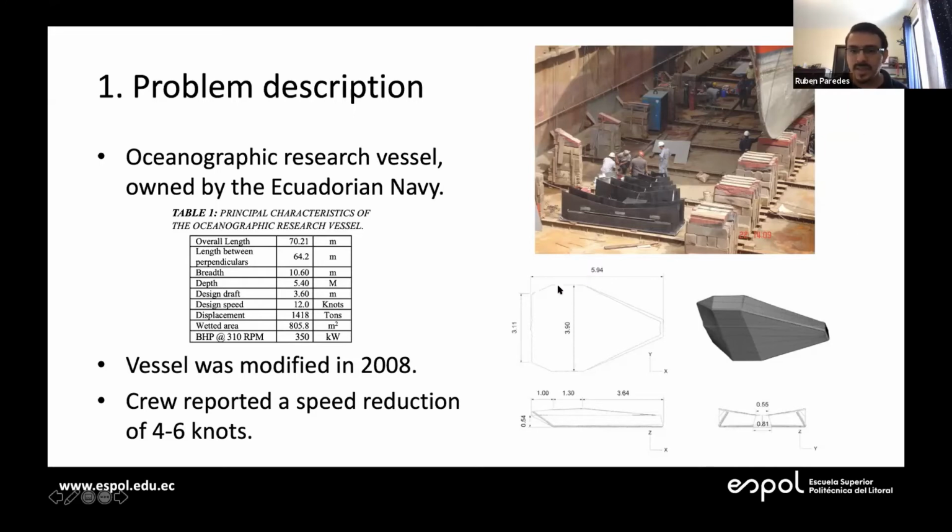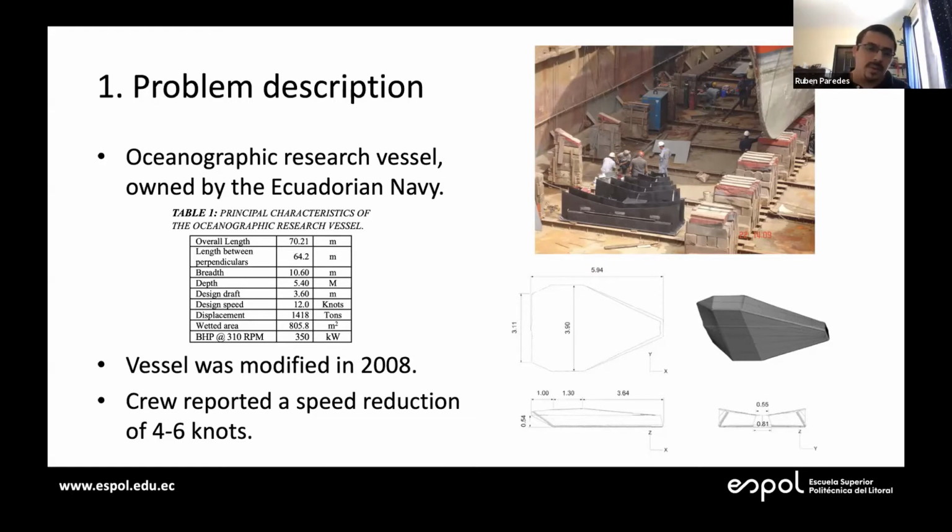As you can see, this structure has a triangular forward body shape, and at the back it has mostly a rectangular shape. The dimensions are roughly 6 meters long and 3 meters wide, and it protrudes less than 0.6 meters from the hull.